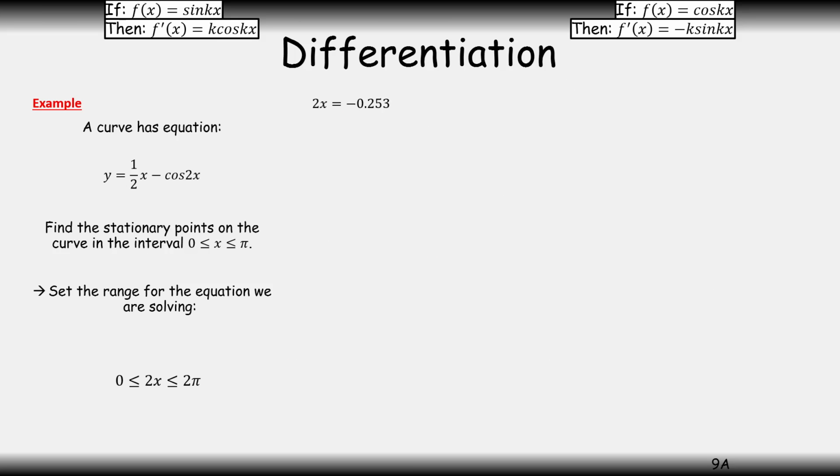So we're going to sketch our curve up to 2 pi. There we go, here's our curve up to 2 pi. We're looking at minus a quarter, and that gave us a negative result of 0.253.